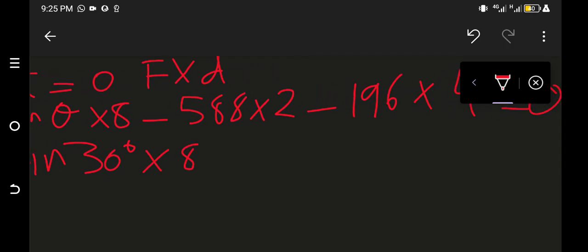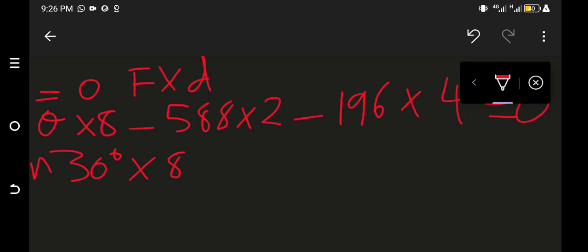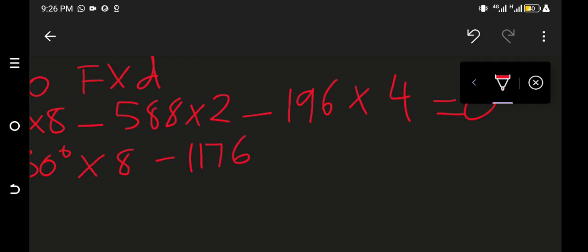So negative 588 multiplied by 2, which is negative 1176. The part here, negative 196 multiplied by 4, which is 784, minus 784, equals 0.